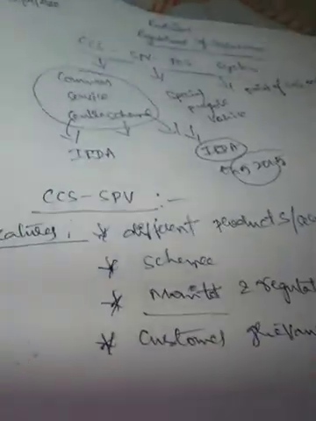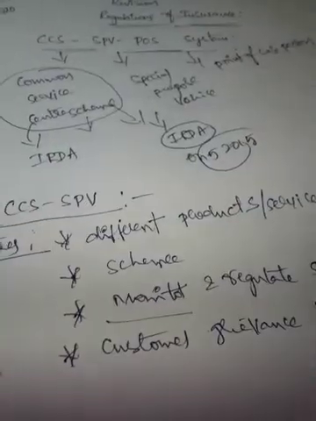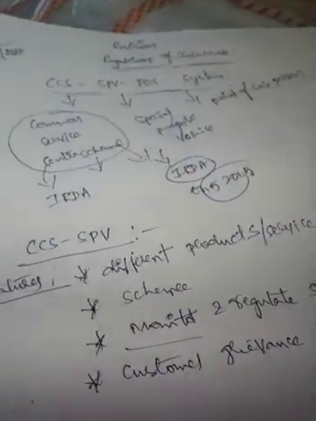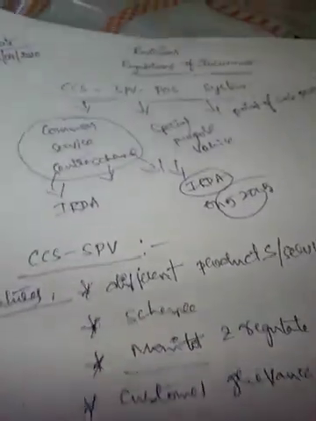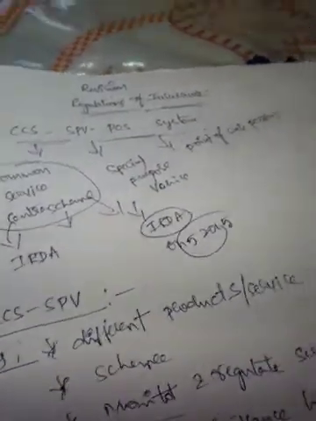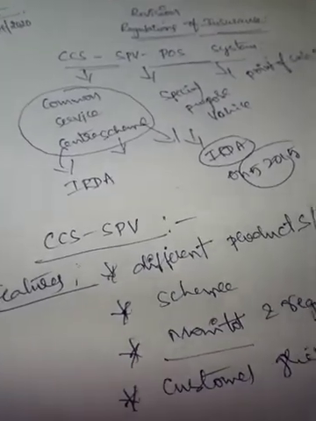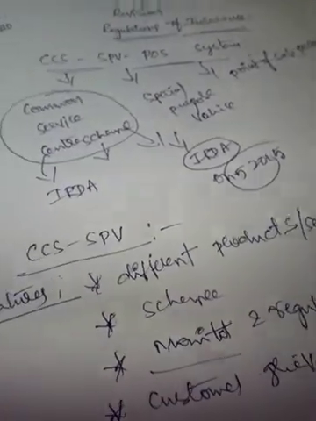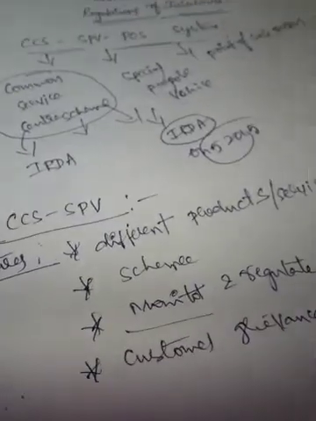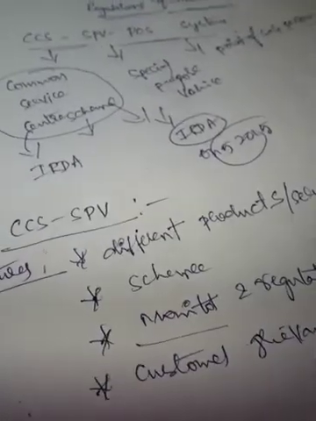Normally, if you take any policy from an insurance company, you have to talk with the insurance company whenever a problem arises. But here, in this CCS and SPV system, it comes totally under the provision of the government, right? So it will work completely under the provisions of the government only.